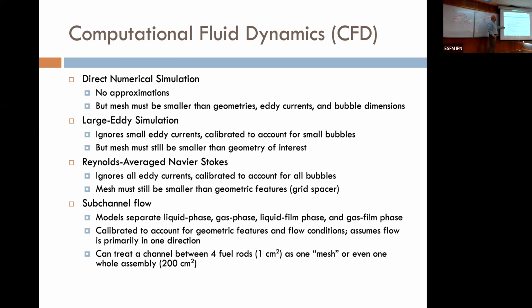What is my heat transfer coefficient as a function of the amount in the liquid phase or gas phase? And so I create all of these highly calibrated models that I tune with experiments, that I tune with simulation, and it gives me something that has mesh cells that could be on the order of 200 centimeters squared because it's modeling the full assembly.